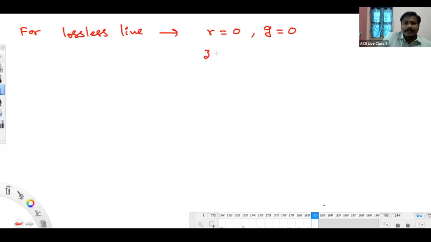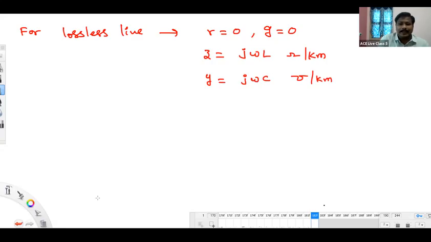Now you can write small z as j omega L ohm per kilometer, and small y as j omega C mho per kilometer.